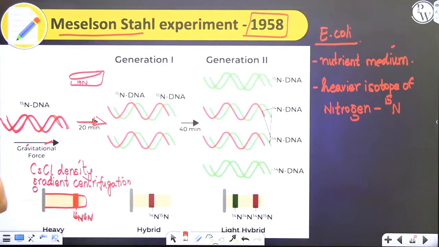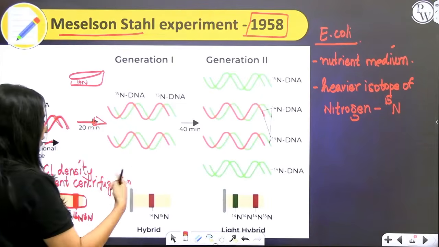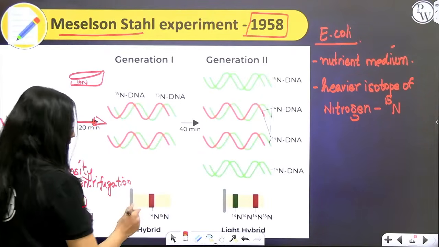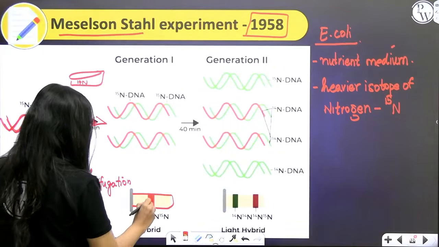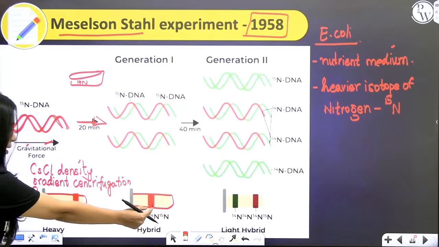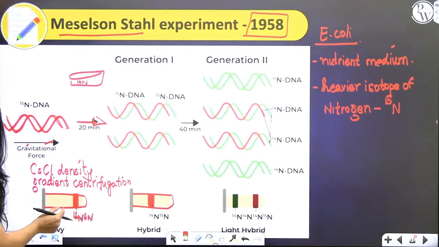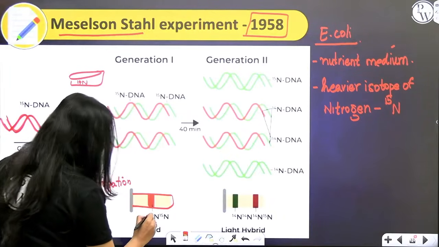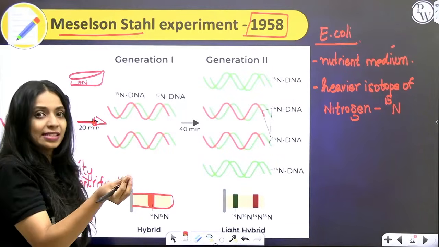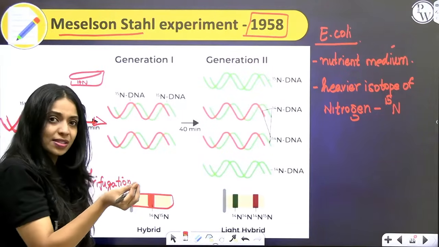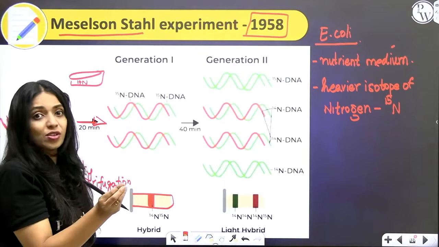After 20 minutes, they took the bacteria again and they spun it. Again, they got a single band, but this time, this band was slightly above the previous one. So this indicates that if it's slightly above, it is less dense. If it is less dense, it does not have both strands of N15.